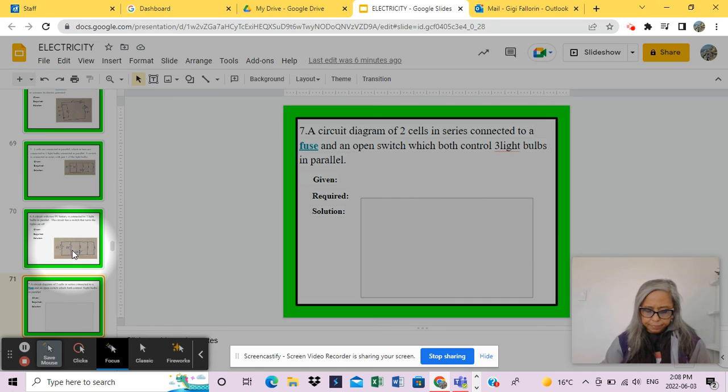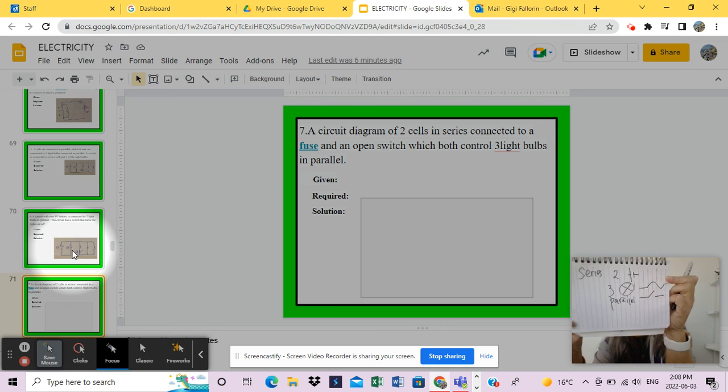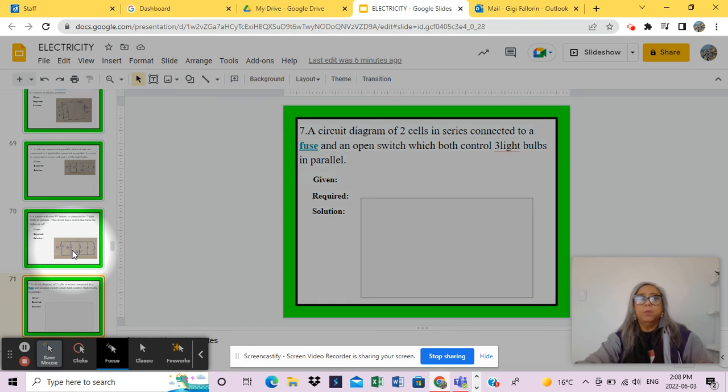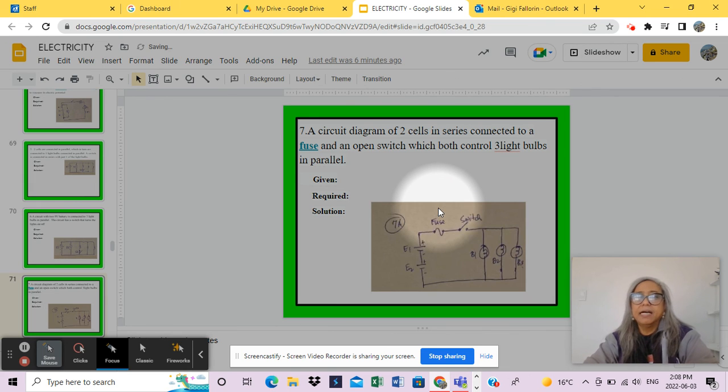So the light bulbs are in parallel. Make sure that you allow spaces when you write down the given, right? I needed to see your thinking made visible under the given. And then required would be draw the circuit diagram, then pause this and give it a try. Come back to the video, and hopefully this is what you've got.